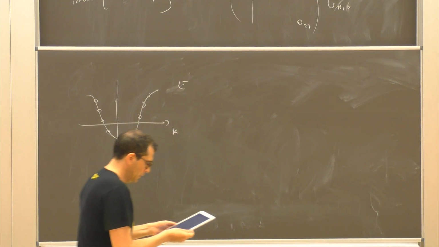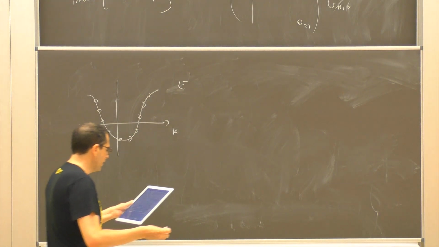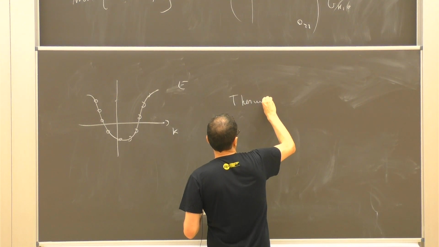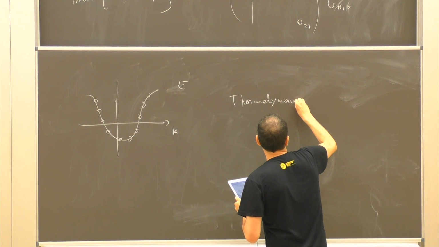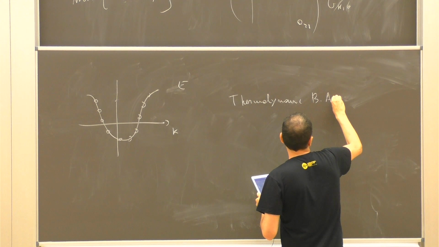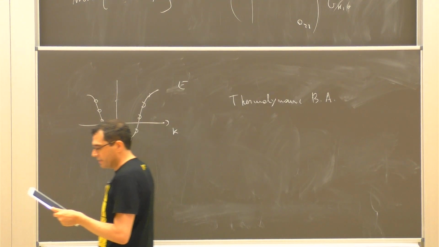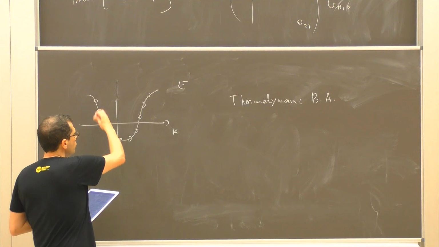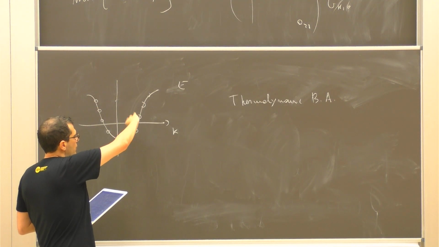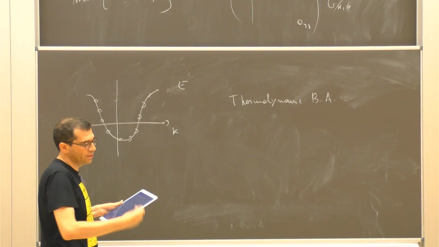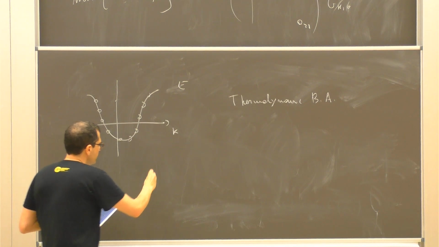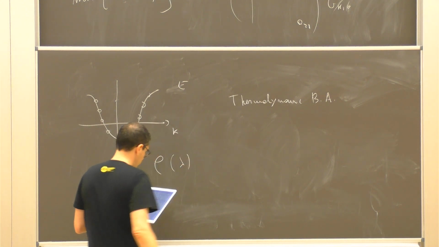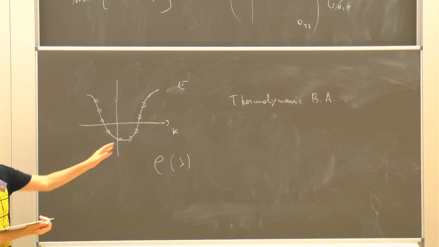But you can do something called thermodynamic Bethe-Ansatz. Instead of working with the eigenstates, you work with some rho of lambda, which is the equivalent of the n of k.